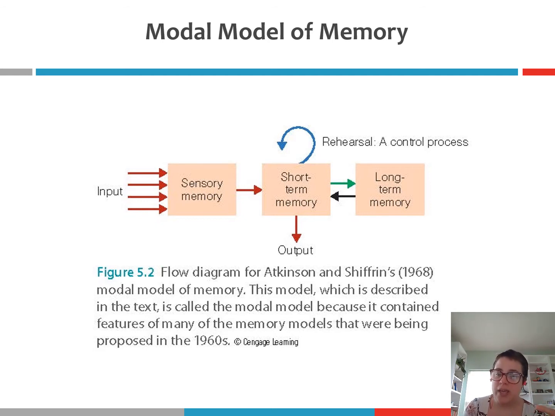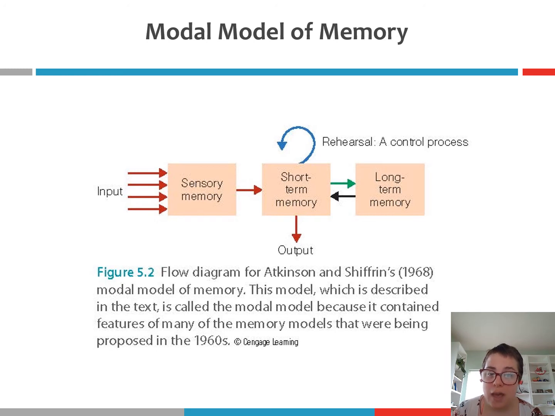So a mode is the most frequent example or value for a given category, right? So the modal model is the most frequently proposed information processing model of memory, or it has aspects of the most common information processing models of memory.